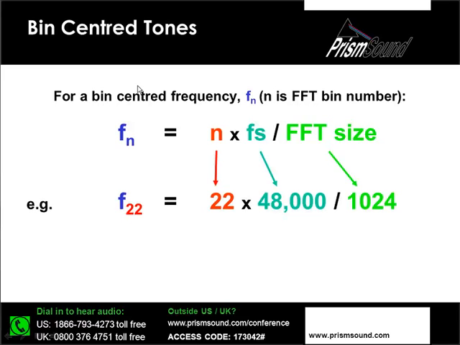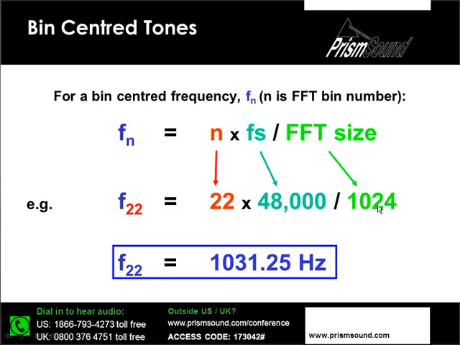So in other words, we take 22, the bin number, multiply by fs, the sample rate, which in my case was 48 kilohertz, and divide by the FFT size, which again in my case was 1024. If you perform that calculation, that gave me 1031.25, and that's how I calculated the precise frequency I needed to generate that particular bin-centered tone.